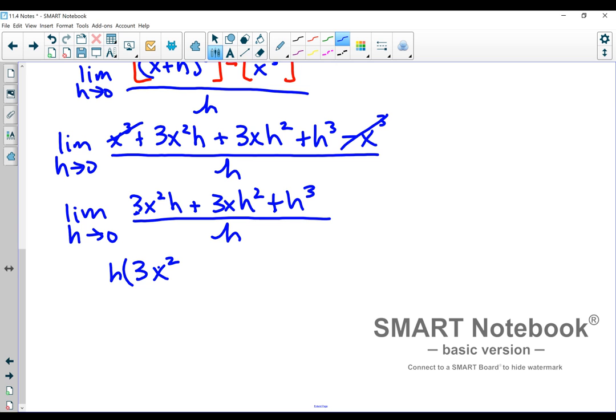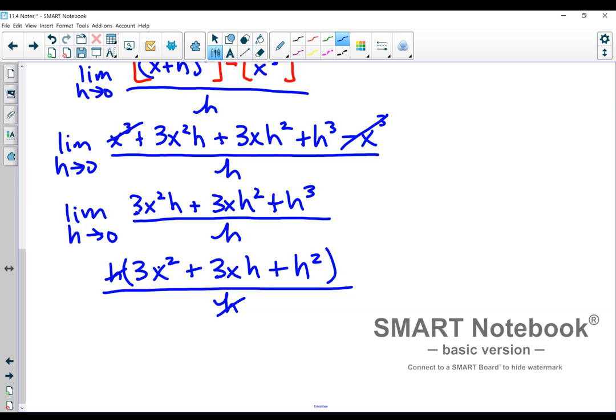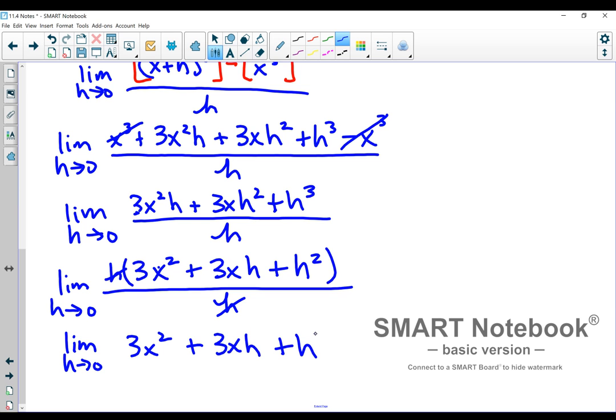So 3x squared plus 3xh plus h squared all over h. So limit as h goes to 0 of 3x squared plus 3xh plus h squared.